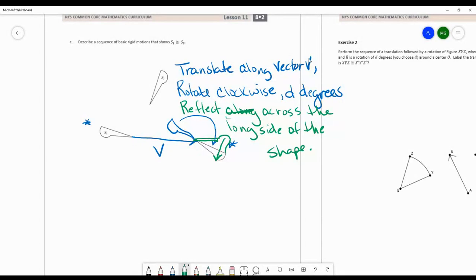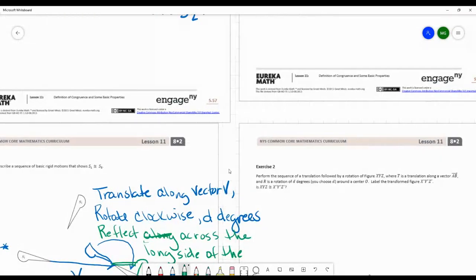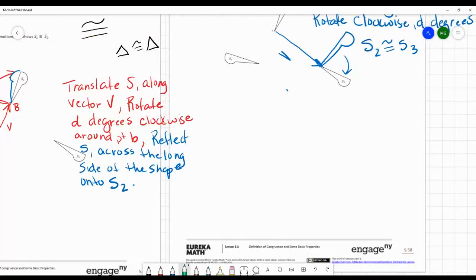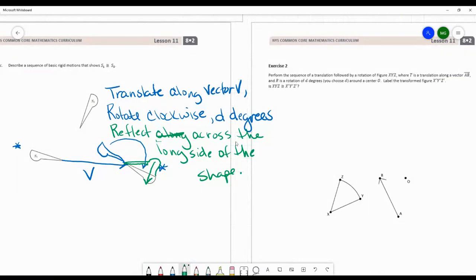Okay, did we have to do all of this work, all of these things that we just looked at, in order to show that S1 was congruent to S3? No, we did not, right?